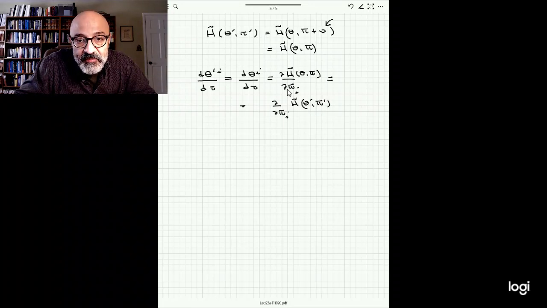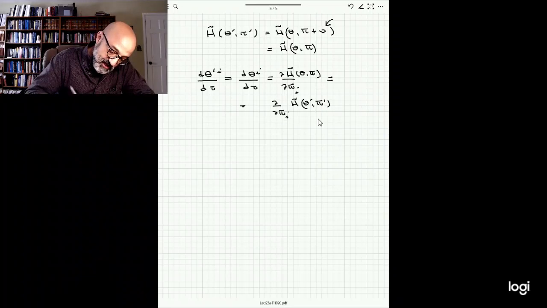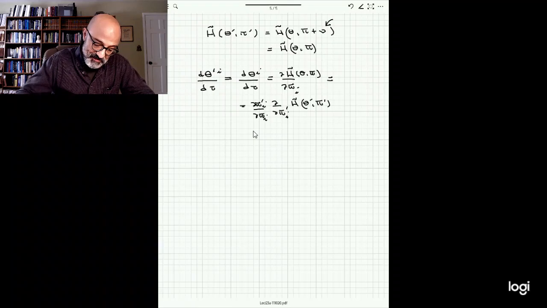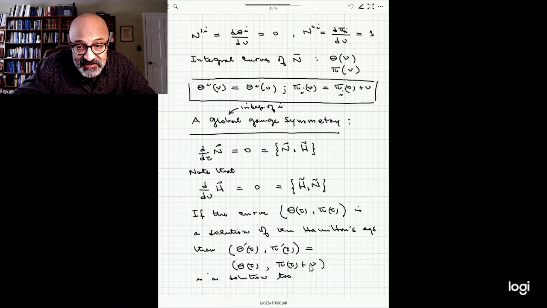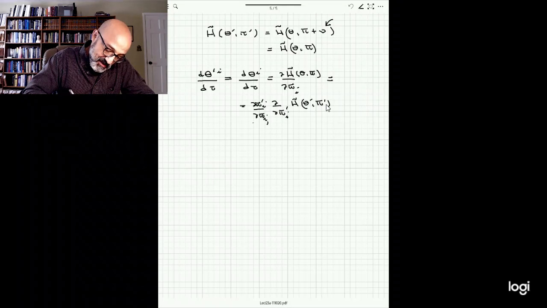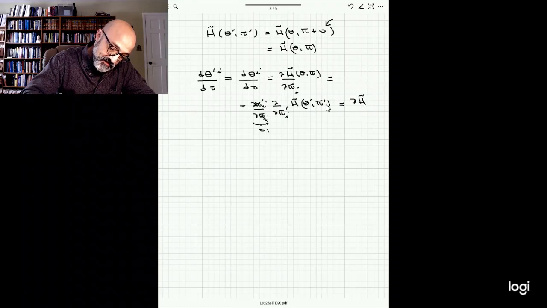This equals that. But now we have to do the derivative with respect to pi, and this guy has pi prime. So the way we're going to do it is we take the derivative with respect to pi prime, and then the derivative of pi prime with respect to pi. But this guy here is just a constant, so the derivative is equal to 1, which means this is just the derivative of h of theta prime, pi prime with respect to pi I prime.